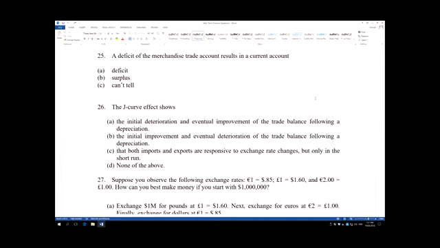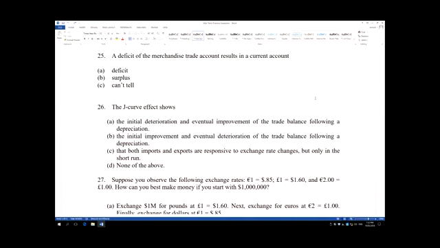If we only know about one of those things, we don't know what the overall effect is going to be on the current account. It doesn't say that. If everything else remained the same, ceteris paribus, then yes, it would, but not necessarily because there are two other accounts in there.